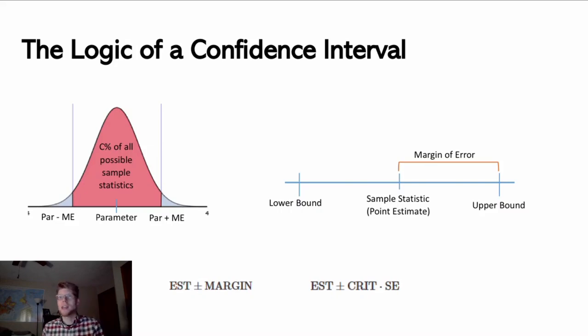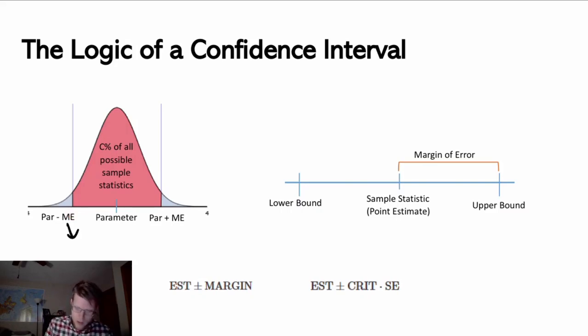So if I want to say that I want to be 95% confident that my confidence interval includes the true parameter, then I need to figure out how far away from the parameter do I have to go before I'm covering 95% of the possibilities. And that distance from the parameter is called the margin of error.